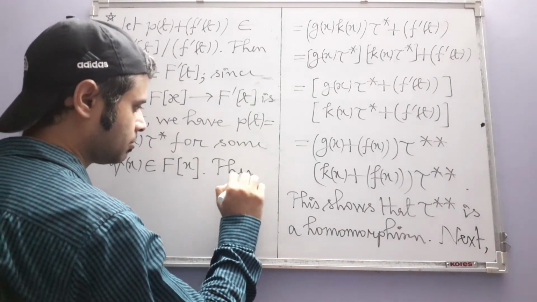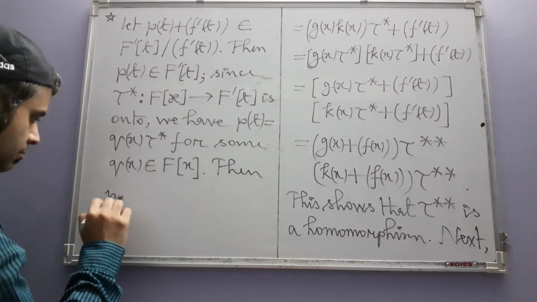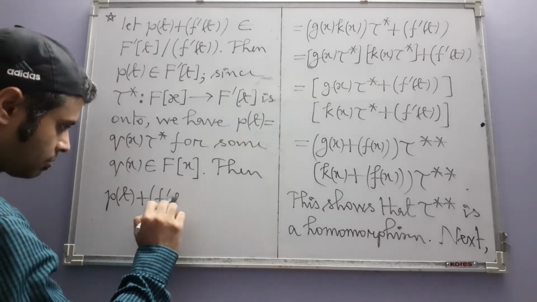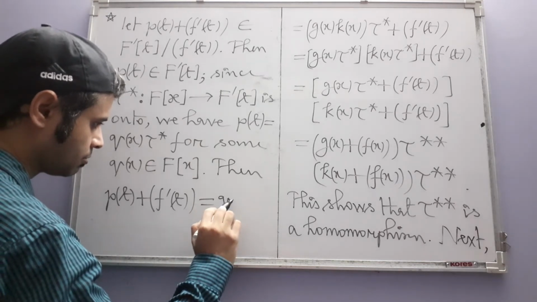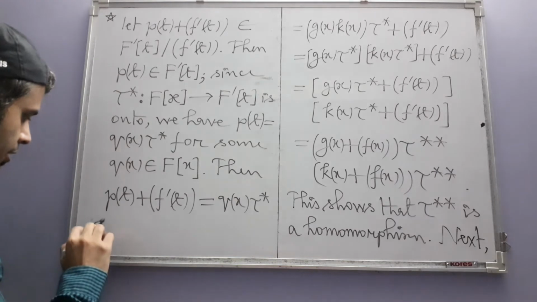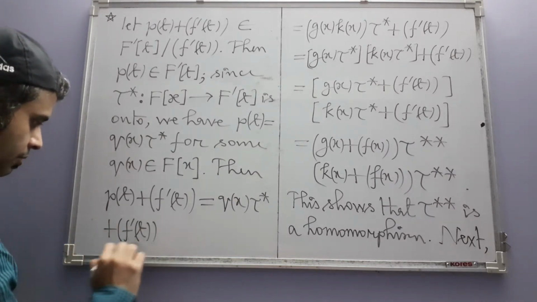Then our original element coset becomes what now? qx tau star plus f prime t.